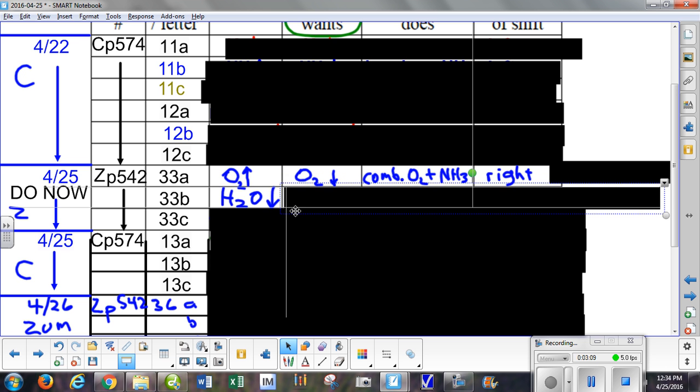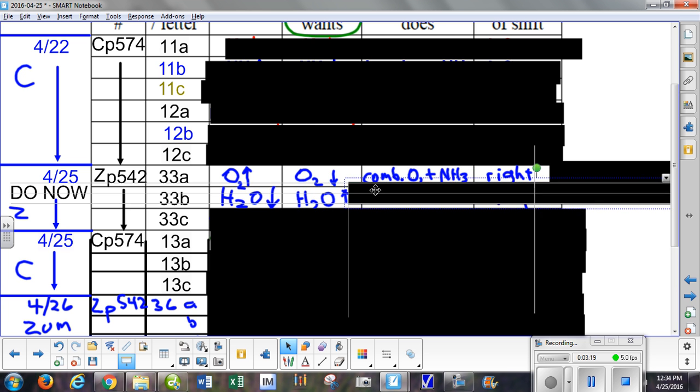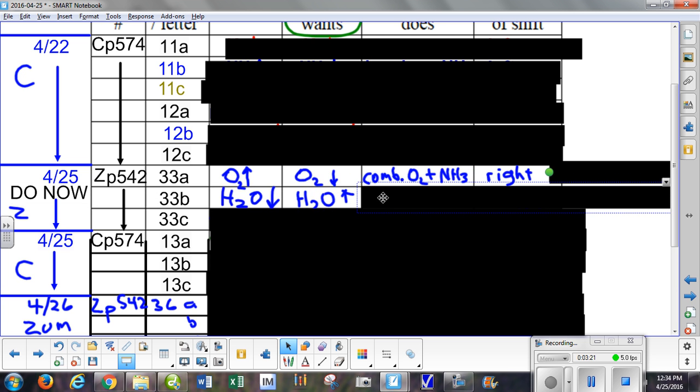So when it absorbs water, it reduces the amount of water in the vessel. Okay? So if I'm reducing the amount of water in the vessel, we know what's going to happen next, right? Okay, no problem. Now, what do we have to combine to get more water?